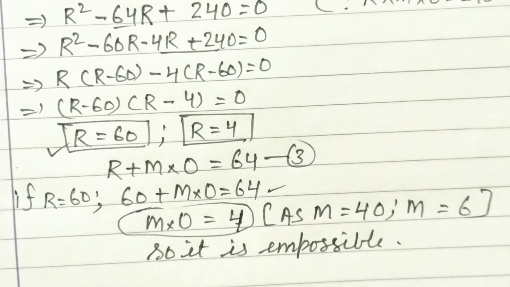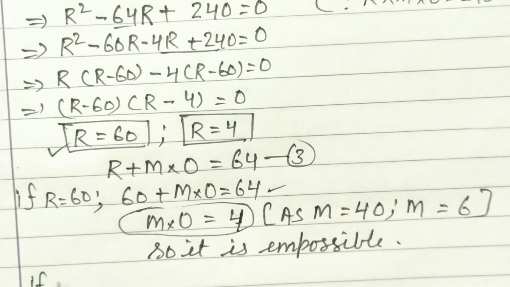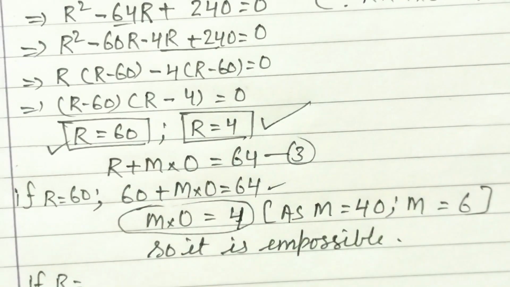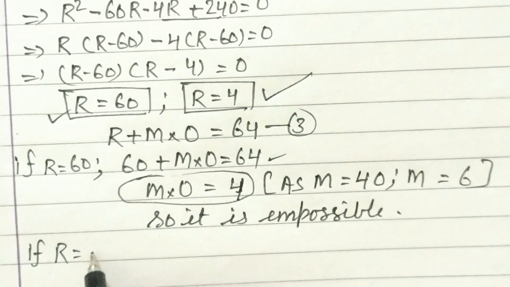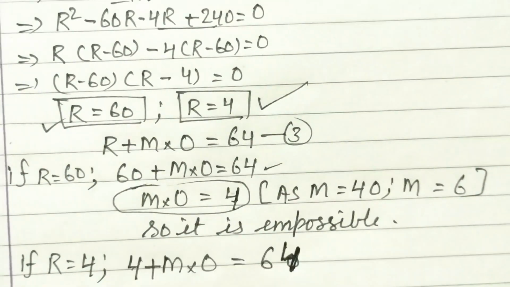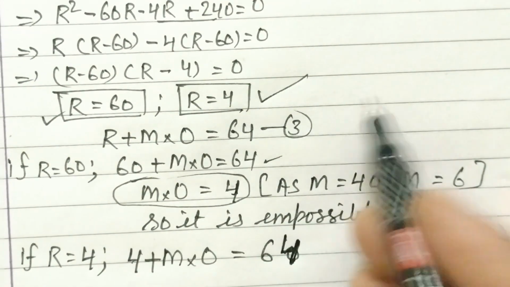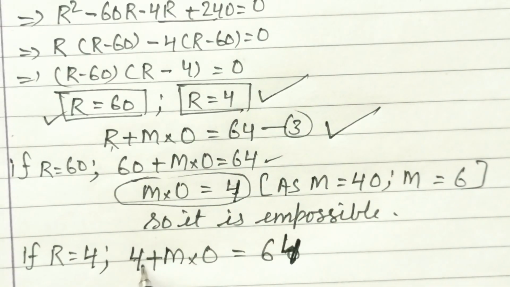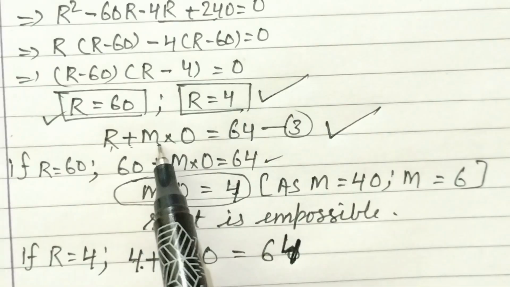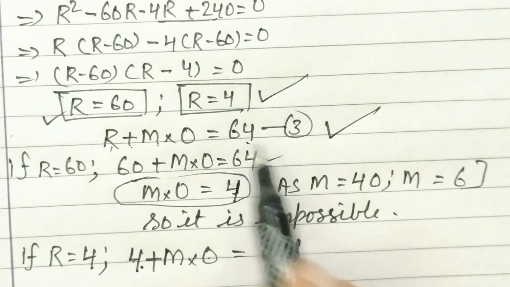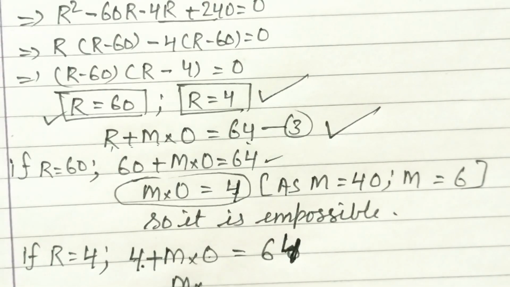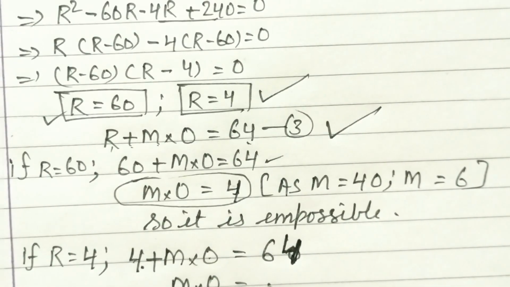Now if we take the other value of R as 4, in equation third, if we put R is equal to 4, plus M times O is equal to 64, so M times O is equal to 60.